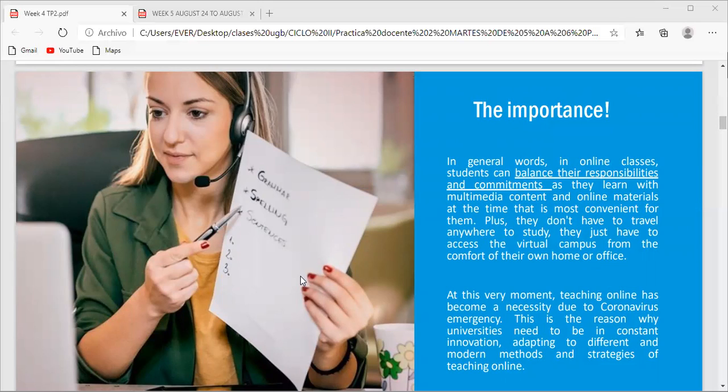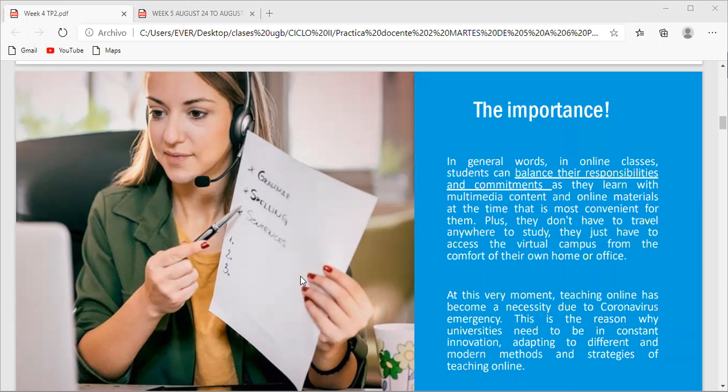So I think that your goal should be to focus on this area a little bit more in the future, because classes in 10 or 15 years are going to be like this. A lot of people will decide to study virtually because of their jobs, because of their time, and time management as well.